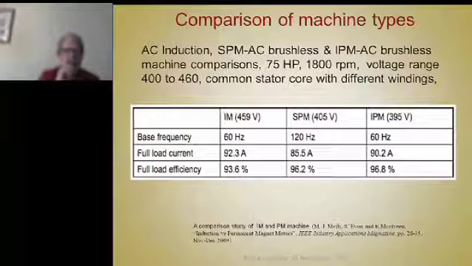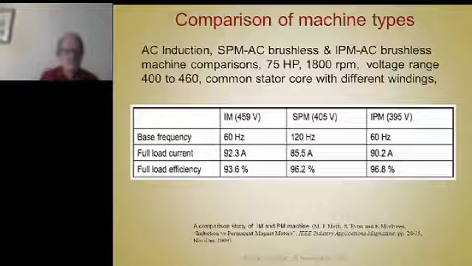We can compare some machine types: surface machine, AC brushless, internal machine brushless against induction. Here's a comparison that was done by these three gentlemen. This is an IEEE IAS magazine article that compared three of these machines.